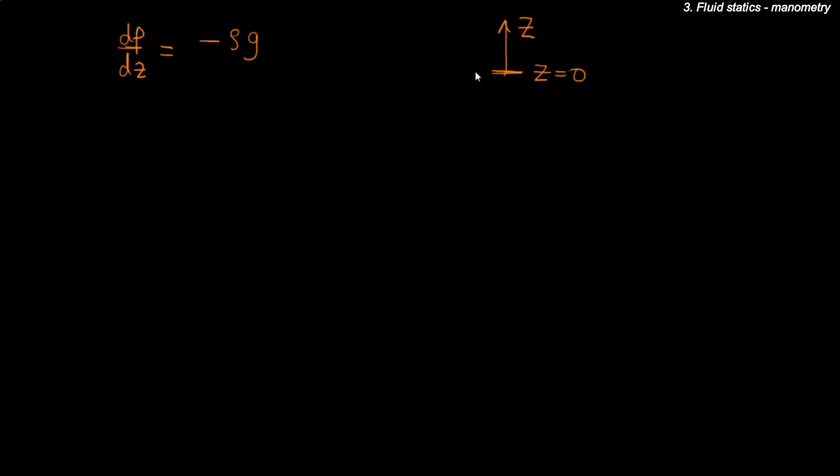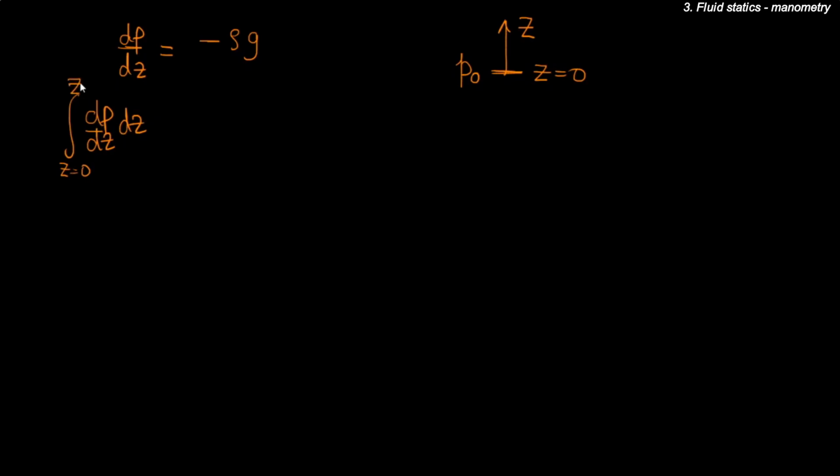Let us call the pressure at the origin P0. P0 can be the atmospheric pressure, in typical cases. So let us integrate this equation along z, dp dz integrated from z equal to 0 to some arbitrary z.